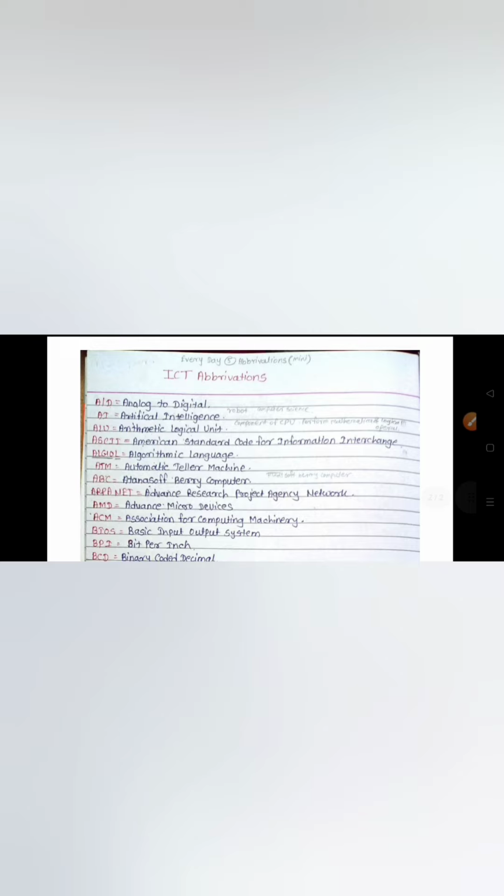Okay, so if you can see this, every day 5 abbreviations, this was the trick as I told you. But what I used to do is, whenever I felt that okay, today I learned 5 abbreviations and I can learn many more in one day, I used to extend the 5, maybe to 6, maybe 7, 8 or 10.